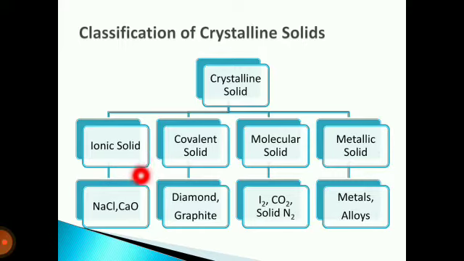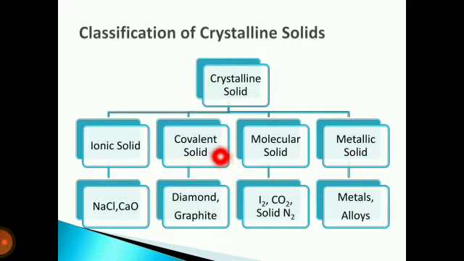Ionic solids consist of an array of positive and negative ions arranged in a definite pattern throughout the structure. Examples: sodium chloride, calcium oxide, magnesium oxide, calcium chloride. Many examples we can quote here.